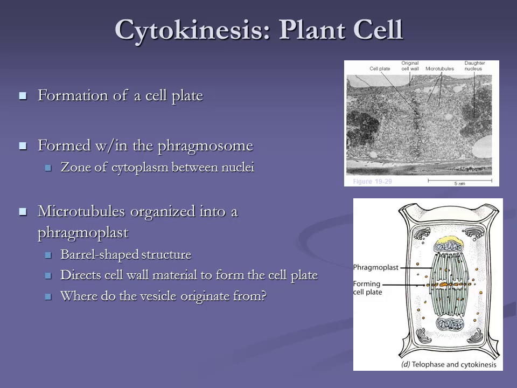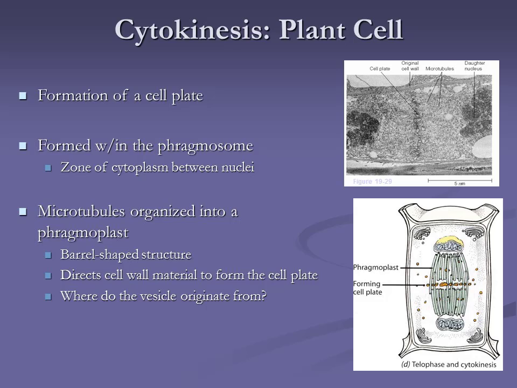And at the end of the phragmoplast, the components of our cell wall are going to be directed to the very middle. And it's in the very middle where we're going to form the phragmosome and the beginnings of our cell wall until we have laid enough material down that we've completely separated our cells into two individual daughter cells.